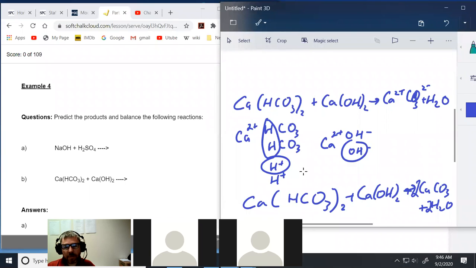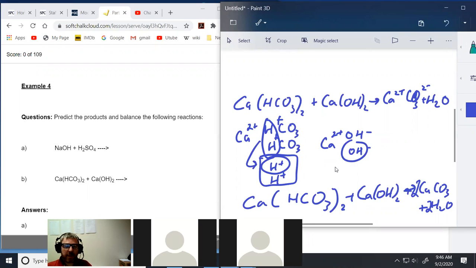Oh, so in the beginning, you drew out four H's when it's CaHCO3. What I was actually doing was taking these and sort of making them 2 H pluses. If I wanted to, I could put pluses here as well. It doesn't really matter. I was just trying to say they were H pluses. Okay, makes sense.